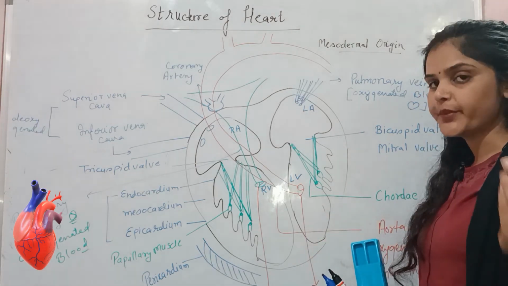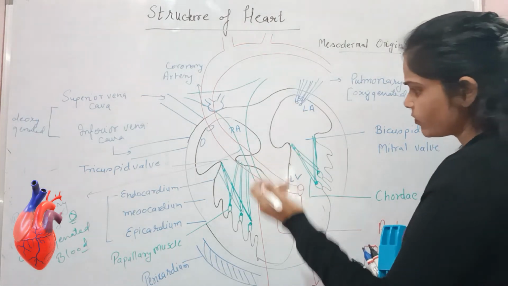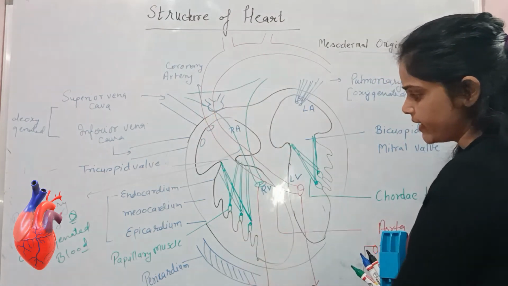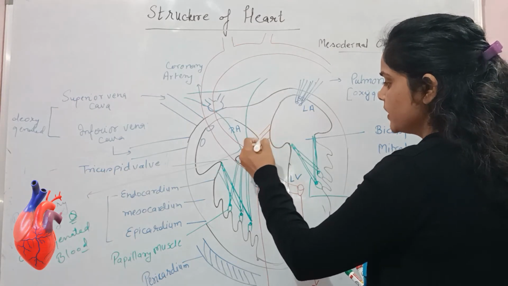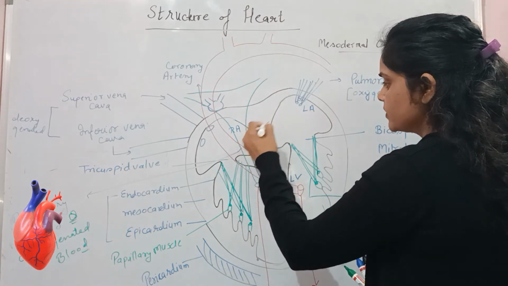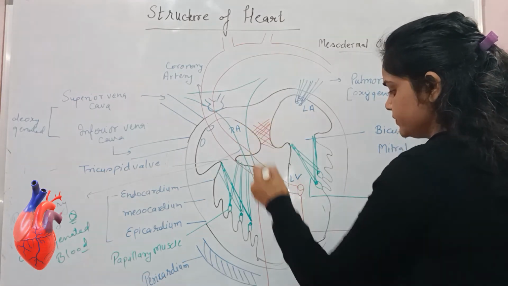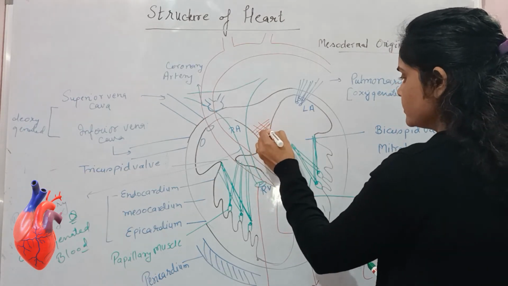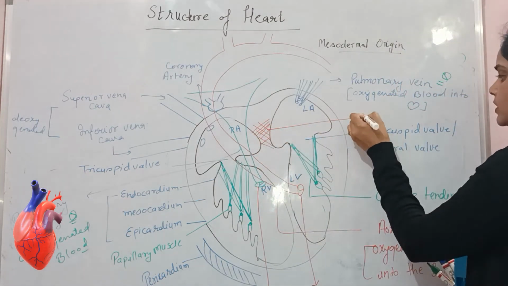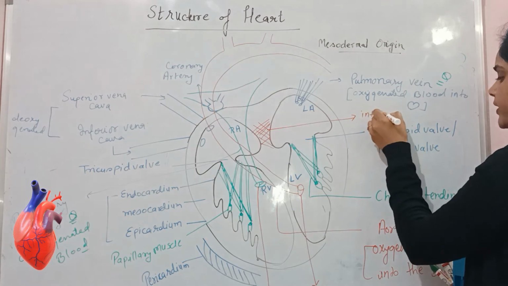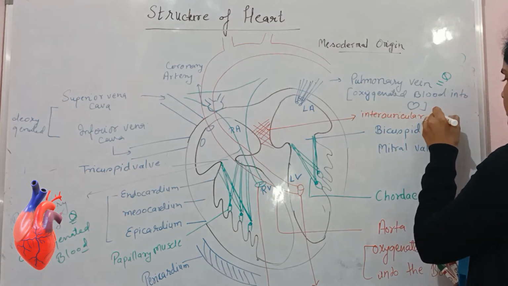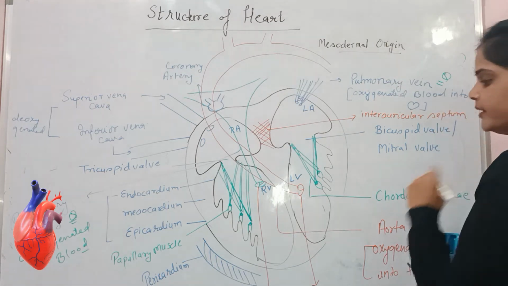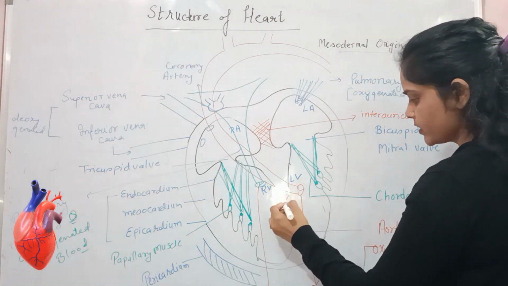Next, let's talk about some other aspects which are present. If I say that the right part of the heart is differentiated from the left part, it is due to the presence of a septum, known as what, the interauricular septum. What is that? Interauricular septum.